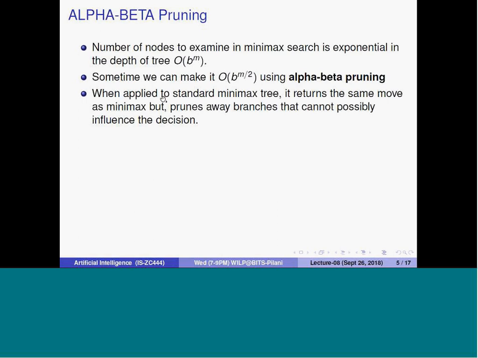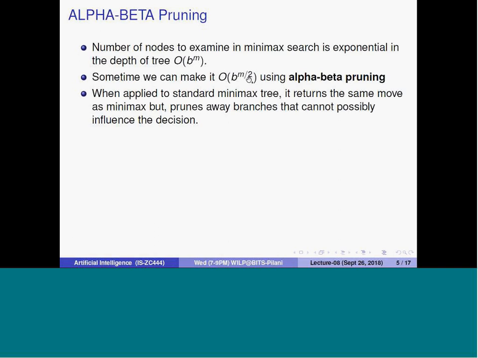When applied to a standard minimax tree, it returns the same move as minimax, but prunes the branches that cannot possibly influence the decision. Sometimes you do not have to explore all the places; exploring only a few places is sufficient to find the best move. In the best case, the time taken is of the order of b to the power n by 2.